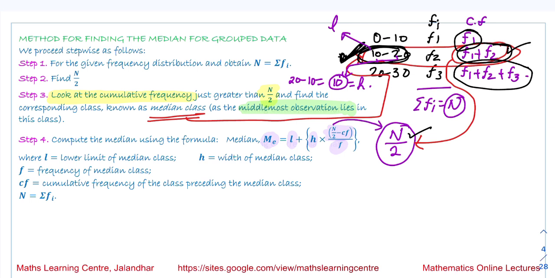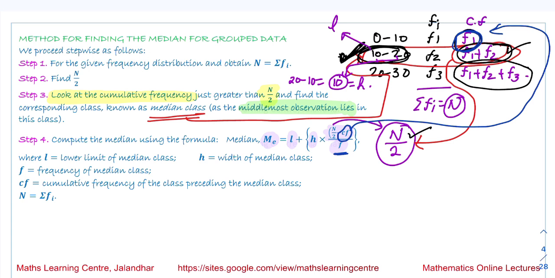CF means the cumulative frequency of the class preceding the median class, that is, the cumulative frequency before that class, and F is the frequency of the median class. On our next slide, we solve a problem, and how we apply this formula will be more clear to you with this example.